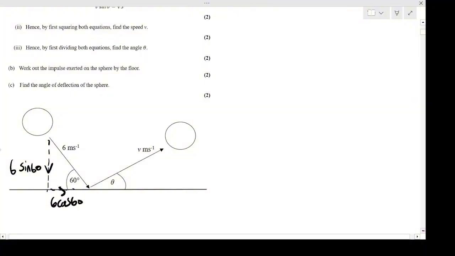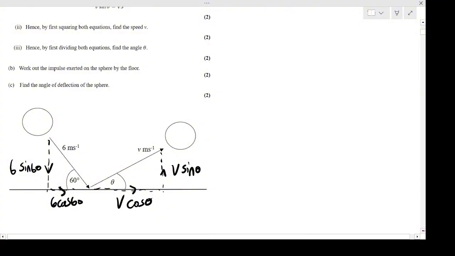Hopefully happy with how I split up this speed 6 horizontally and vertically, right? Then I can do the same afterwards. If I have speed v here, going across like this and then up like this, it's v cos theta and v sine theta. Hopefully happy with how I split up the two speeds in this way.